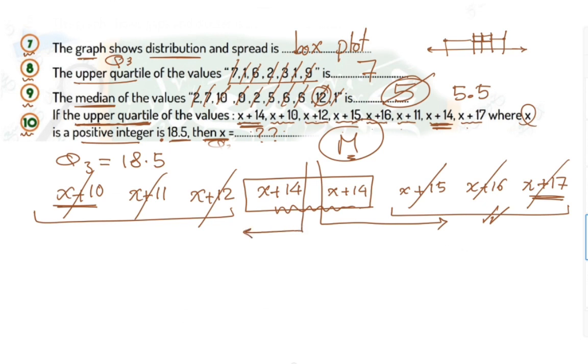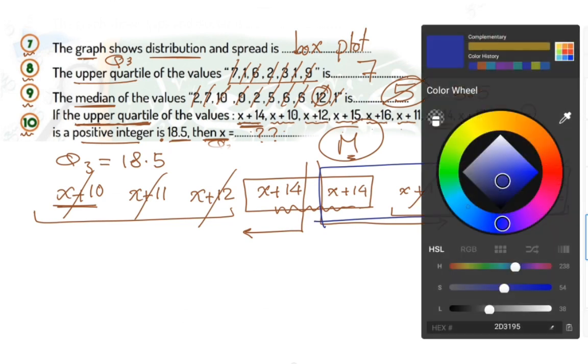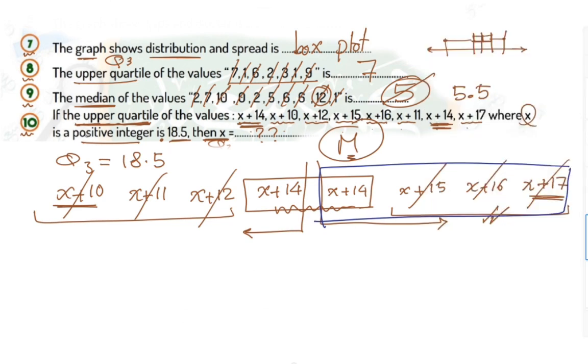So, when you need to find the upper quartile, I will look for these 4 values. If he asks us about the lower quartile, I will use these 4 values.